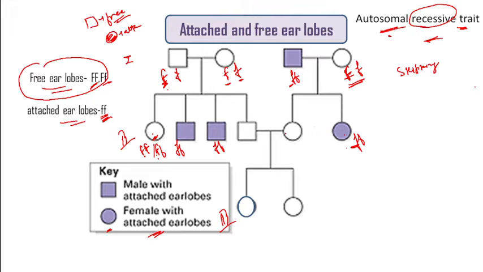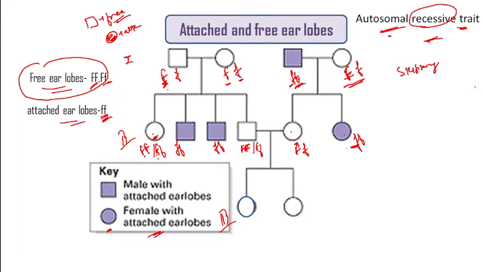Now these two are left. In this condition also, capital F capital F or capital F small f is the possibility. Here the possibility of the individual is capital F small f, it's not capital F here. Why? Because one of the parents is homozygous and another parent is heterozygous.